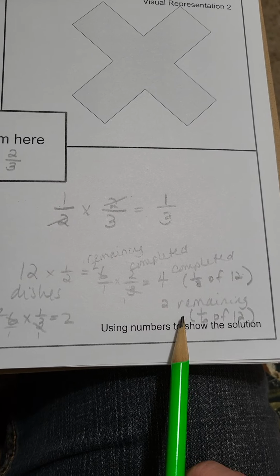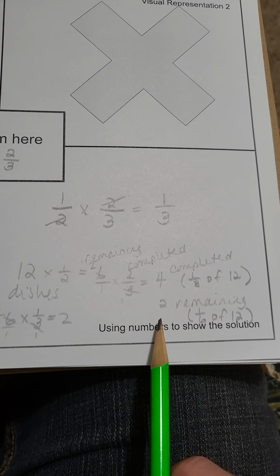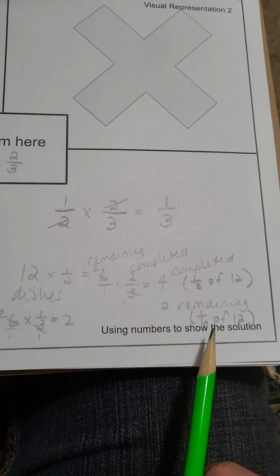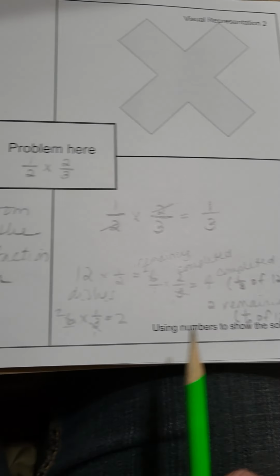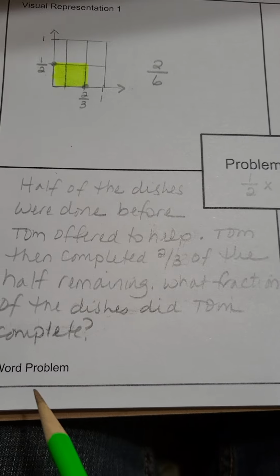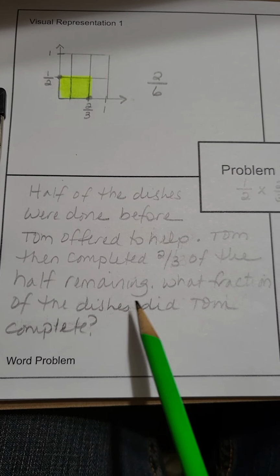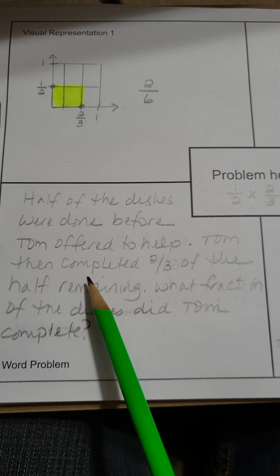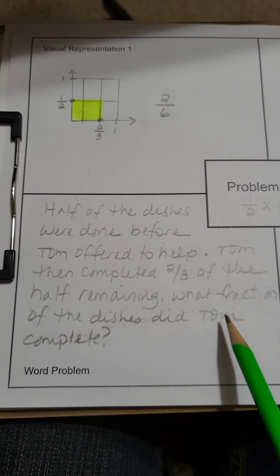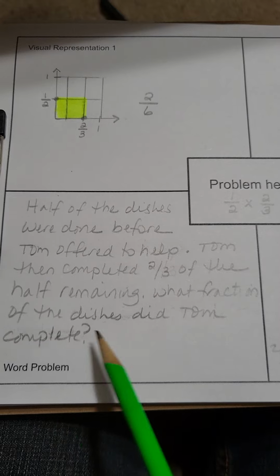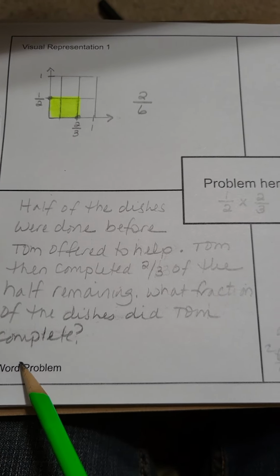If you wanted to look at how many dishes remained, that would be 2, which would be 1/6 of 12. And I got tangled up in that when I was thinking about the question. If he then completed 2/3 of the half remaining, what fraction of the dishes did Tom complete?